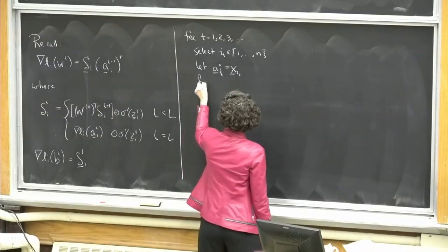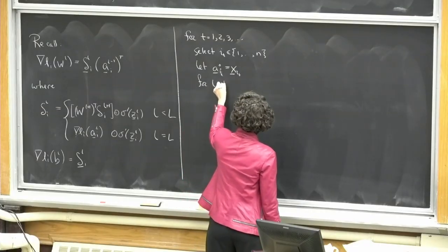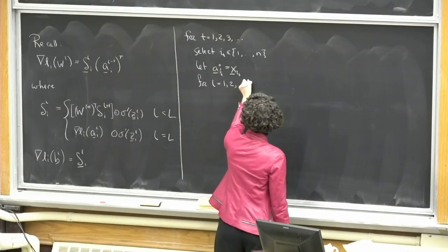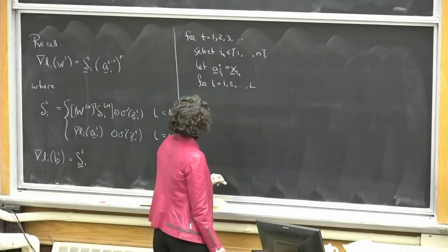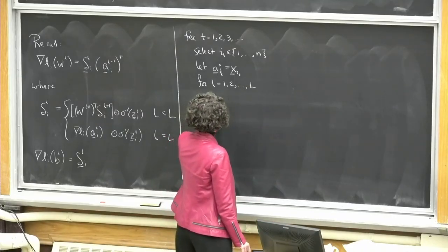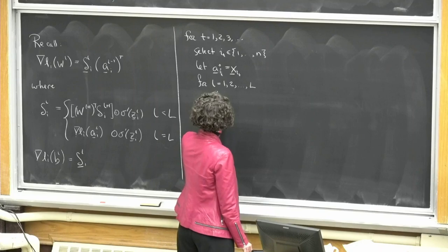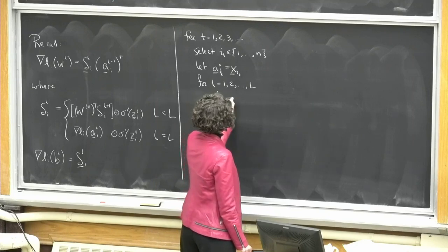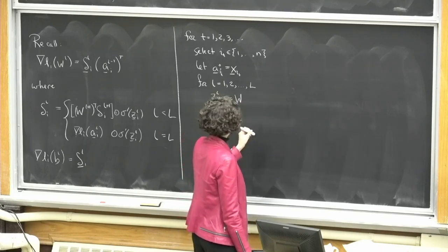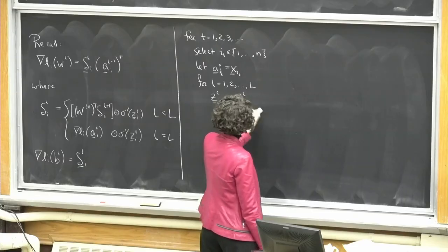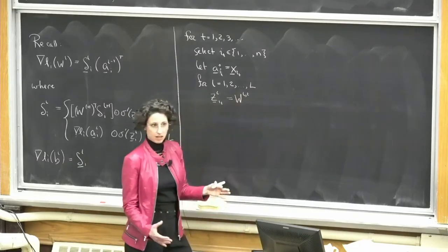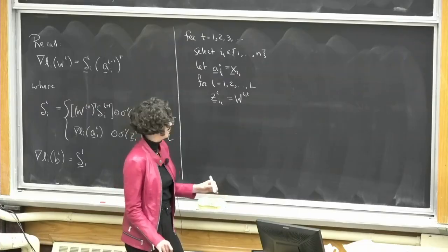So for layer L equals 1, 2, all the way to capital L, we calculate z^L for i_t by multiplying by our current estimate W for layer L, and then I'm just going to add to the superscript here a t to indicate the fact that we're computing this at the tth iteration.